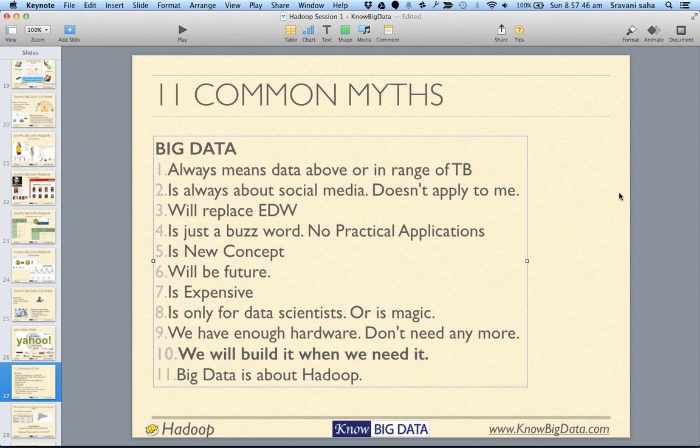Is it only for data scientists, or is it magic? It's not only for data scientists. Though in the examples I gave about recommendation and sentiment analysis there is a small role for data scientists, for example understanding a full sentence using a natural language processor is something data scientists will do for you.